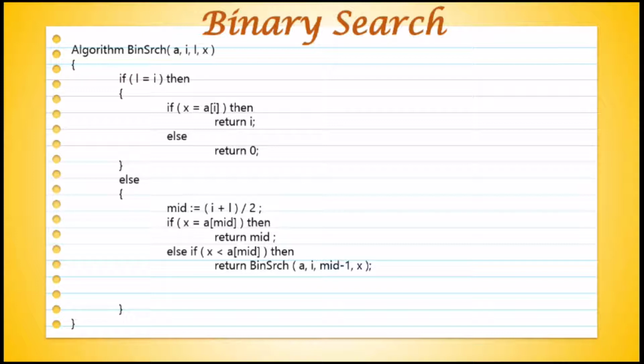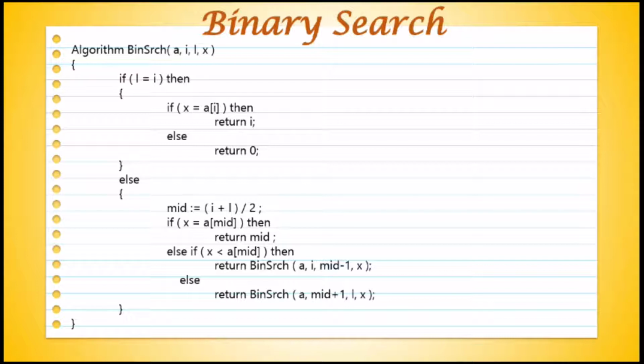So suppose if X is not equal to A of mid and even X is not less than A of mid, so in the else part we will change the value of the starting position. So suppose X is greater than the middle value, that means our searching element may be present after the middle value.